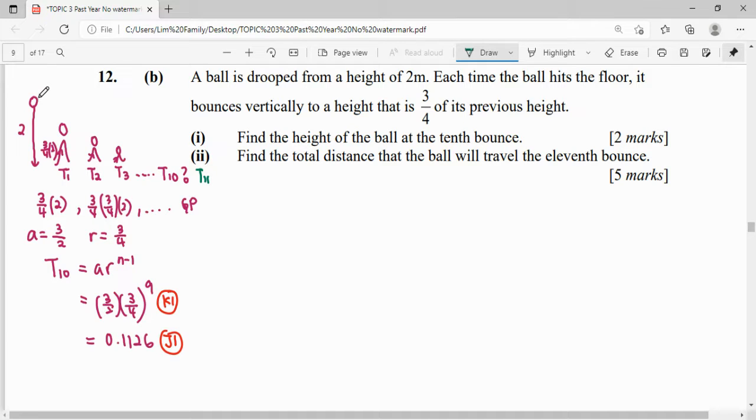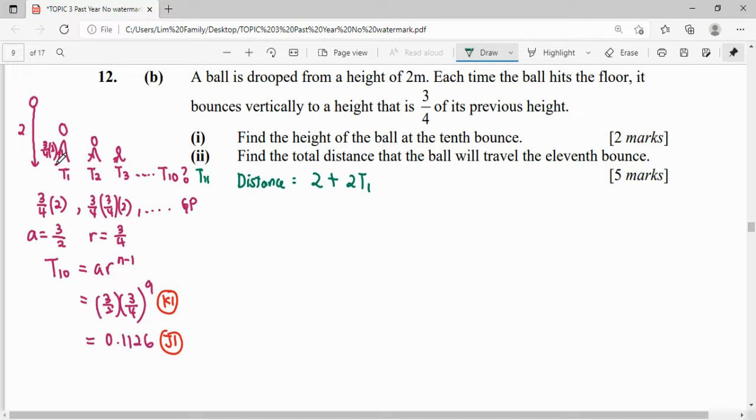If we want to find the distance, you can see the first drop here is 2. So the distance equals 2, and then plus, for each bounce, it will be 2 times the height of the bounce.